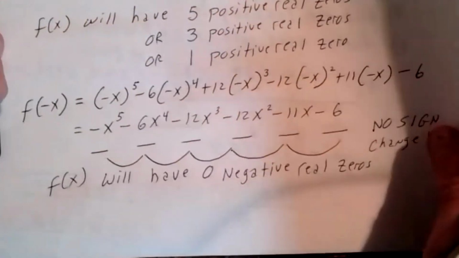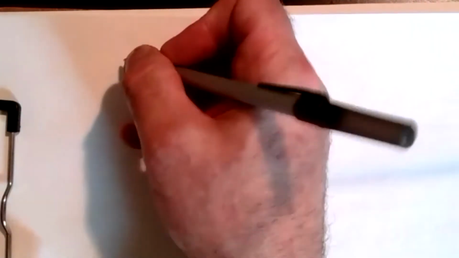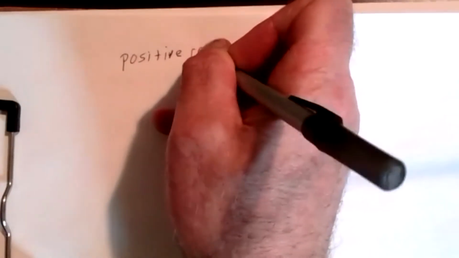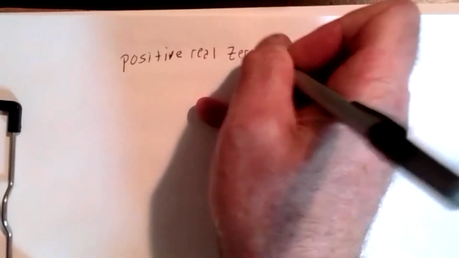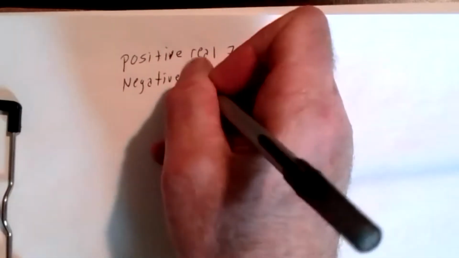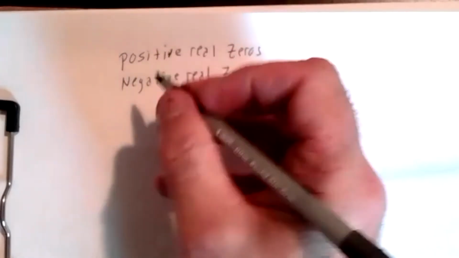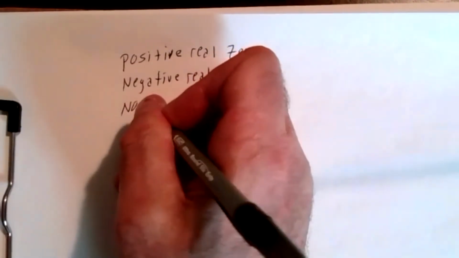All right. So let's build a table here and try to assess, ladies and gentlemen, what kind of zeros we would expect for this 5th degree polynomial function. So: positive real zeros, negative real zeros, non-real zeros.